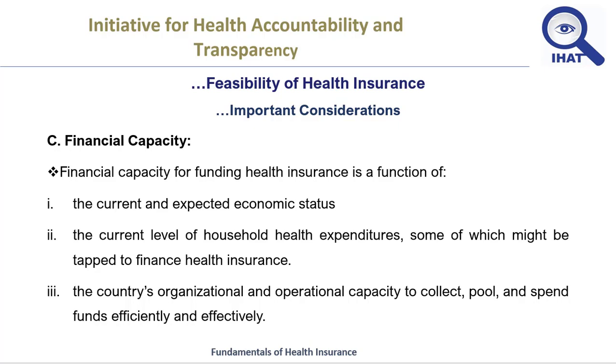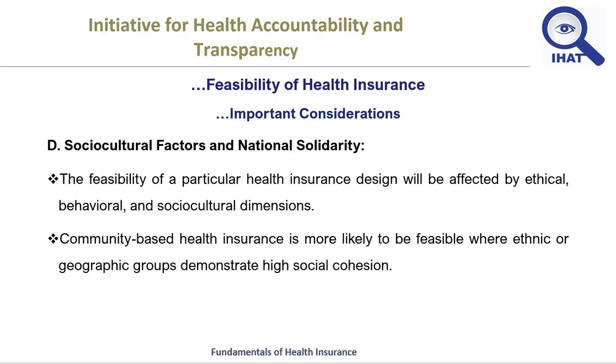It's also a function of the country's organizational and operational capacity to collect, pool, and spend funds efficiently and effectively. Ministries of Finance and Health must work together to determine the government's capacity and commitment to financing health insurance. Economists, actuaries, and accountants can inform this process.